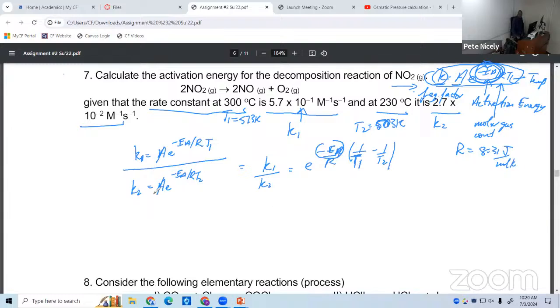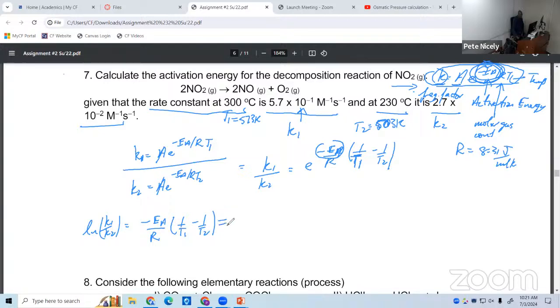So it's a matter of rearranging this. So how do we rearrange it? Some algebra will be involved. The first thing I would do, and this is something that you should be familiar with from your previous math courses, is take the natural log of both sides, right? So ln K1 over K2 for the left side would be equal to minus EA over R times 1 over T1 minus 1 over T2.